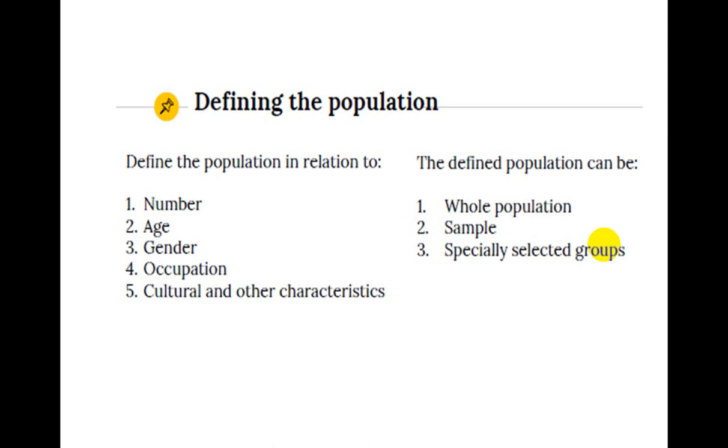The defined population can be the whole population in a geographic area or, more often, a representative sample taken from it. The defined population can also be a specifically selected group such as age and sex groups, occupational groups, hospital patients, school children, small communities, as well as wider groupings. In fact, wherever a group of people can be fairly accurately counted.